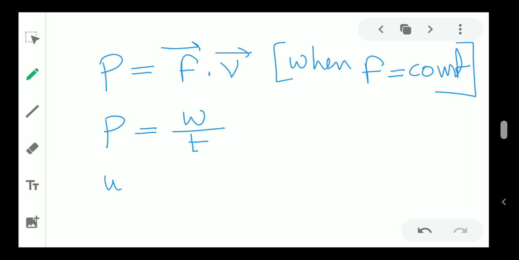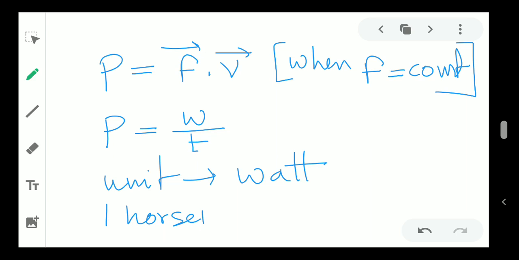The unit for the power is watt. Basically we use watt, but some more things are there, like if you see some big vehicles, supercar, super bike, you will find something like horsepower. 1 horsepower is written as HP, and 1 horsepower is 746 watt.